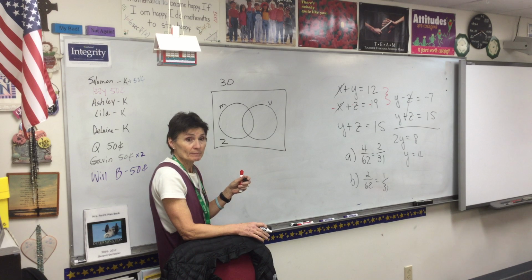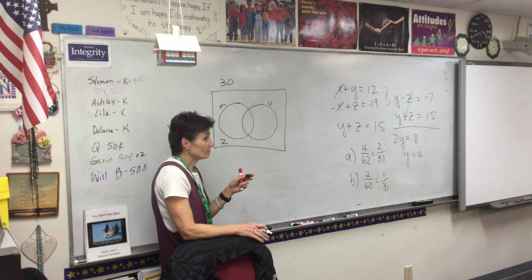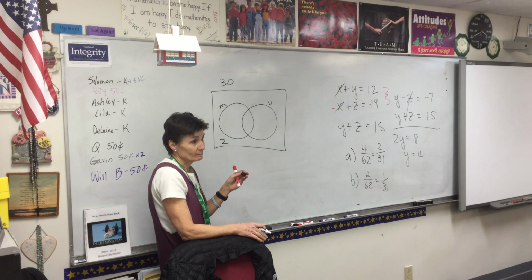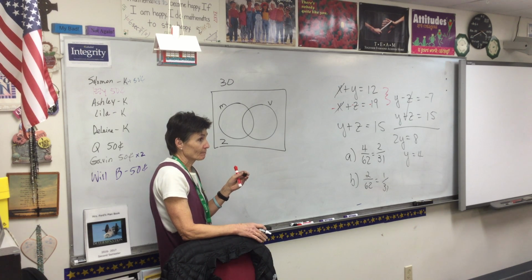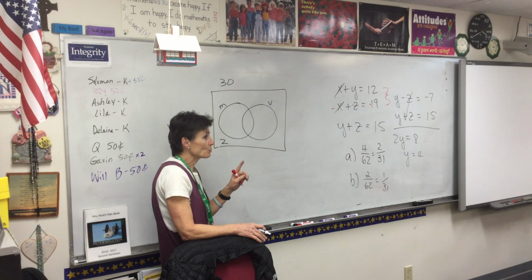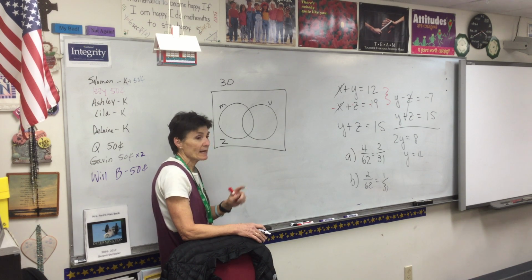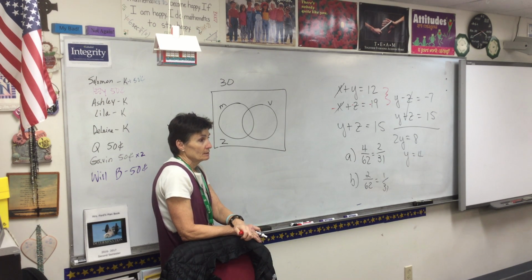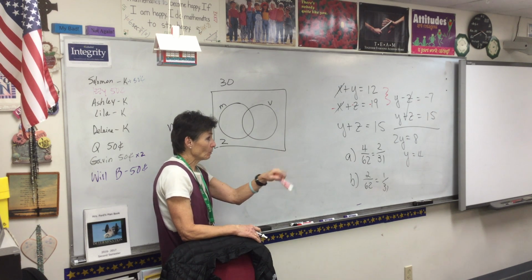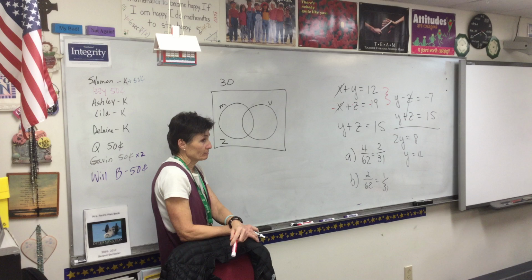Okay, this is simple. This is not hard. 40 votes were cast by 28 people. Okay, 28 people would cast 28 votes, right?